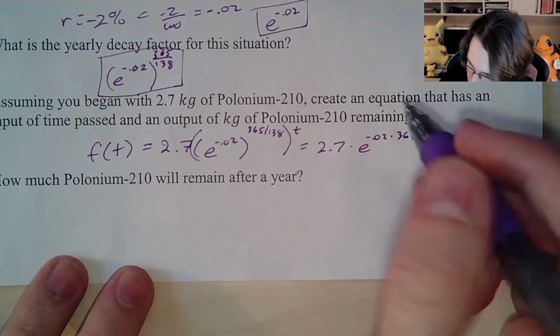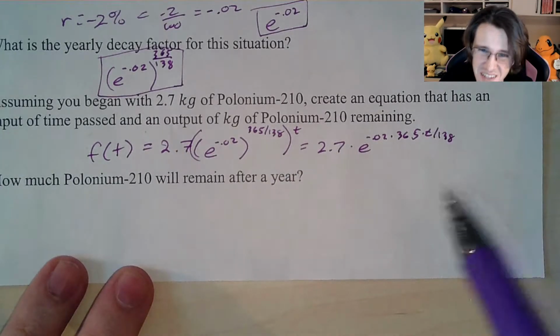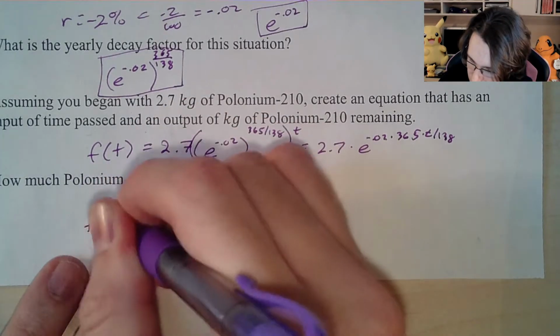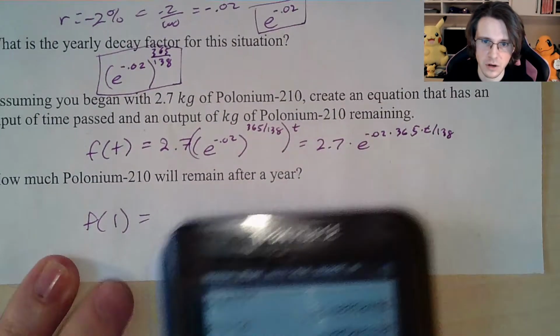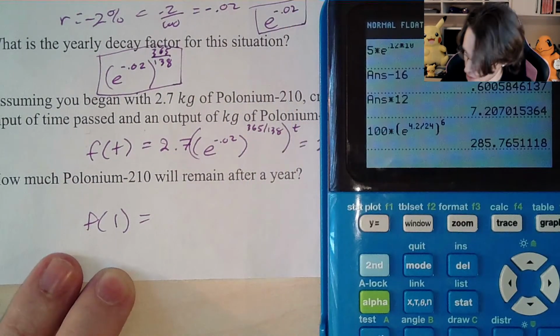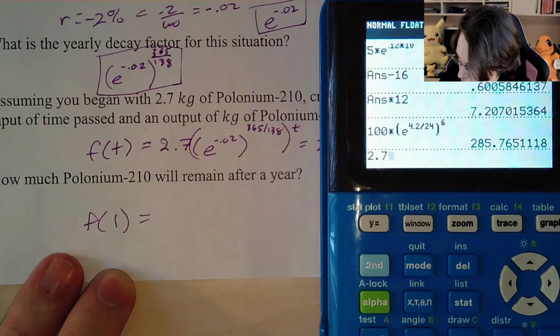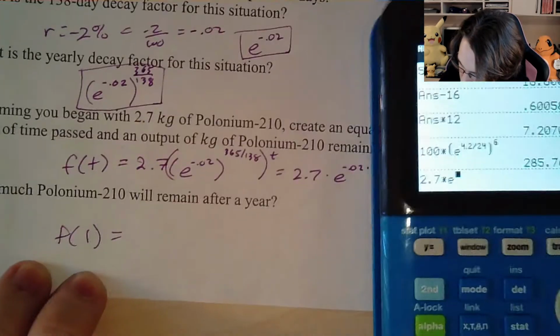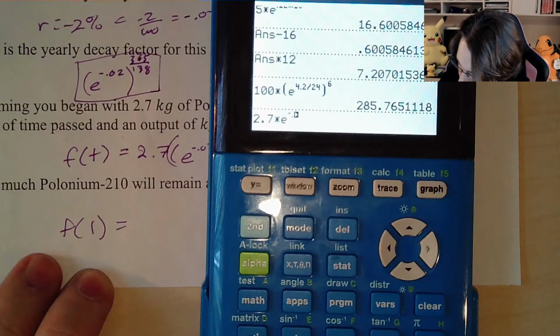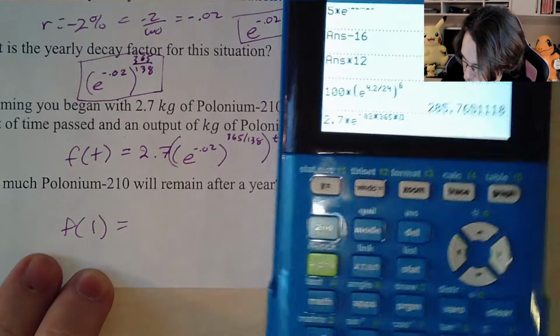But for your calculator, you're plugging in after a year. So t is going to be 1. So you're doing f of 1. When you do f of 1, I'm just going to plug it in the calculator. You're making that t equal to 1. So we got 2.7 times e to the negative 0.02 times 365 times t, which is 1.